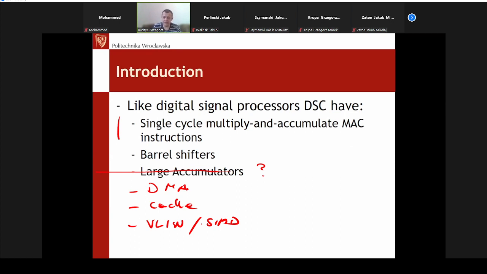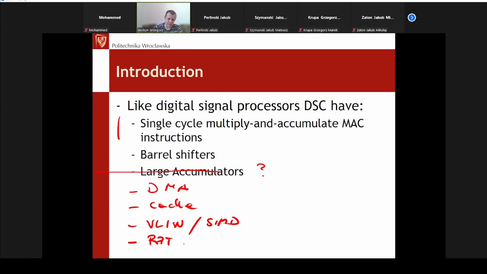So the single cycle multiply and divide operations plus DMA plus cache plus very long instruction words or SIMDs, maybe that's less frequent. Yet these features, which were classic to DSPs, today we can find them in DSCs as well. Fast execution control, so repeat instructions.